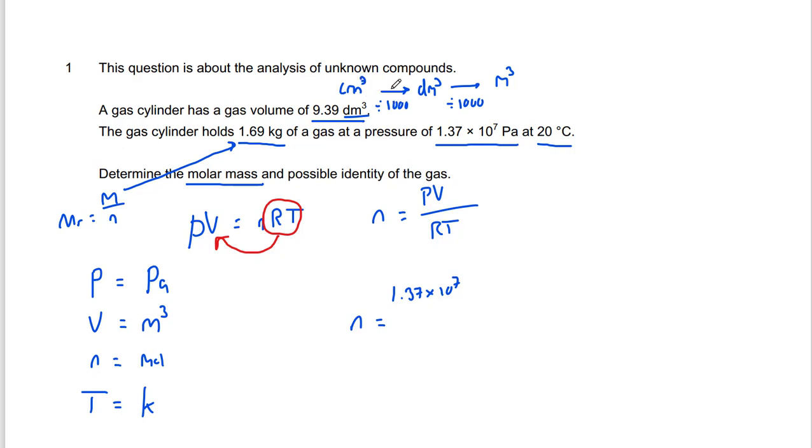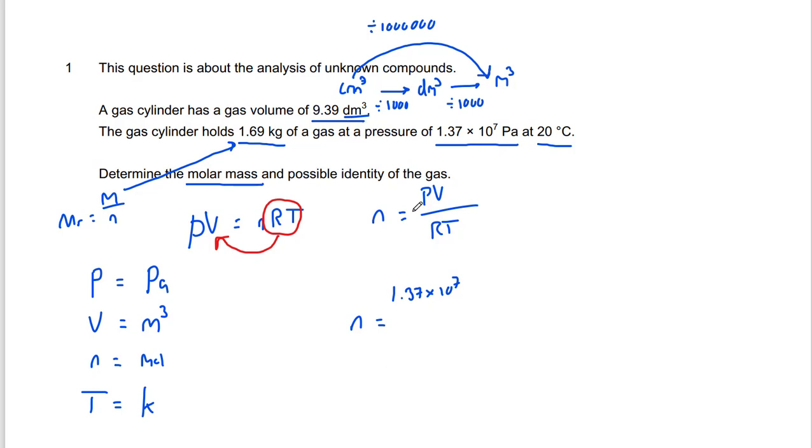This might be useful later: if we want to go from centimeters cubed to meters cubed, we divide by 1,000 and divide by 1,000 again, so you have to divide by 1 million. The same works the other way: to go back, multiply by 1,000, multiply by 1,000. The upshot is the conversion from decimeters cubed to meters cubed is divide by 1,000.